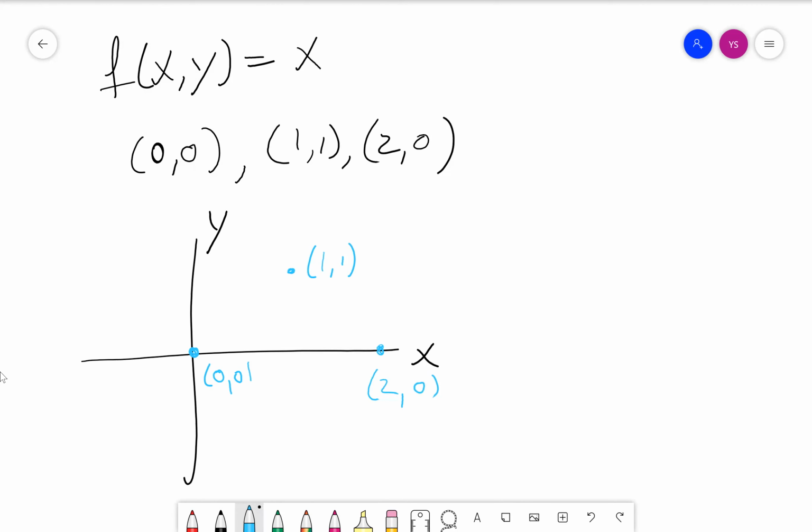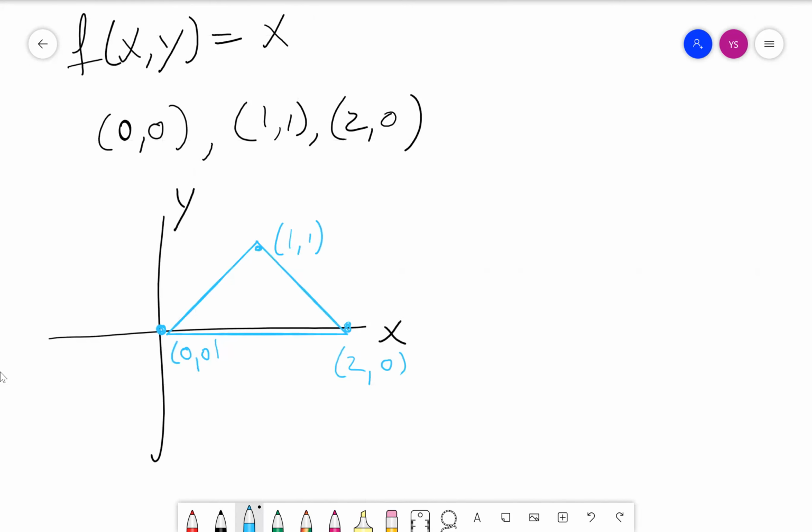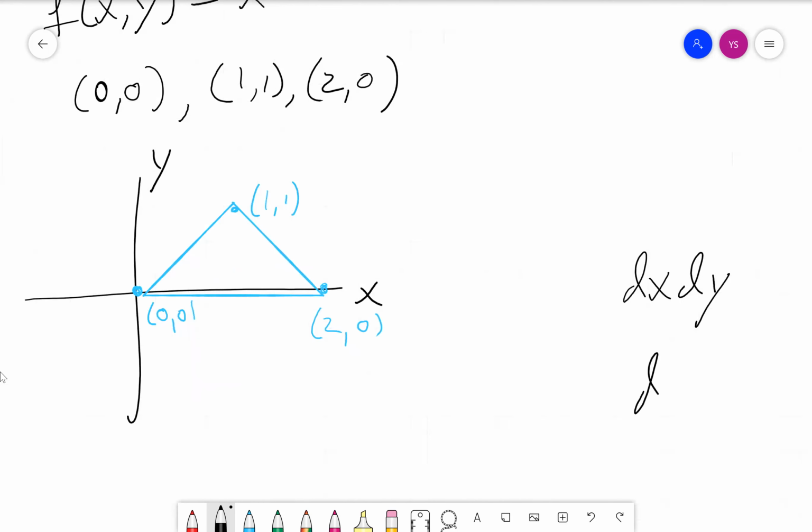Any questions so far? Okay, so let's try to set up this integral both with respect to x first and then with respect to y first and see what happens. Which one is easier, going with dx first, or going with dy first?